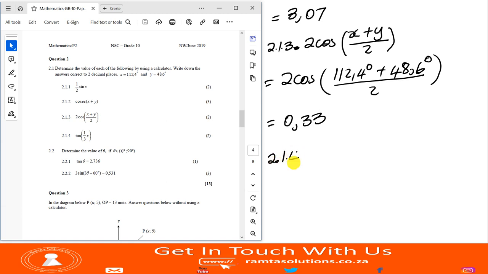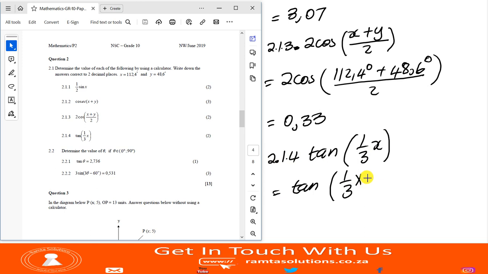Now let's get to 2.1.4. We are going to determine the value of tan 1 over 3x. What is the value of x? The value of x is 112.4 degrees. Remember what I said. You don't have to try to simplify this.